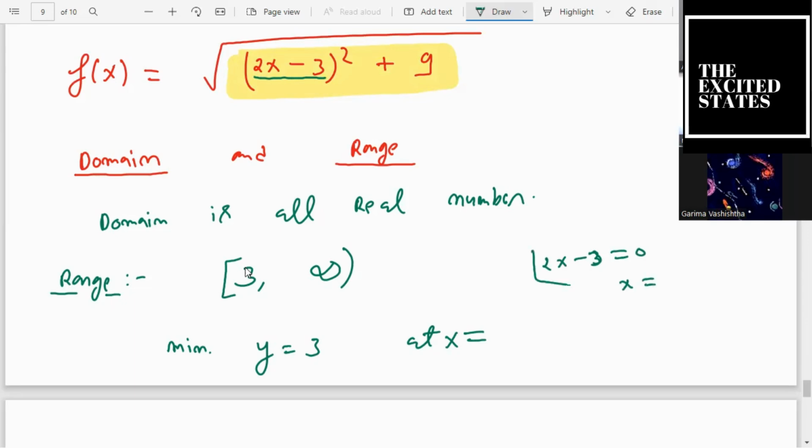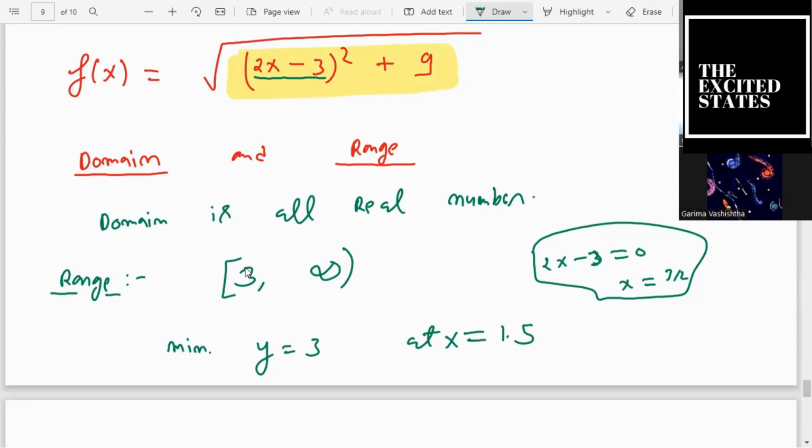If 2x minus 3 is 0, then x is 3 over 2, that is 1.5. So at x equal to 1.5, this function will take its minimum value, and the minimum value of this function is 3. So from 3 to infinity is the range of this function.